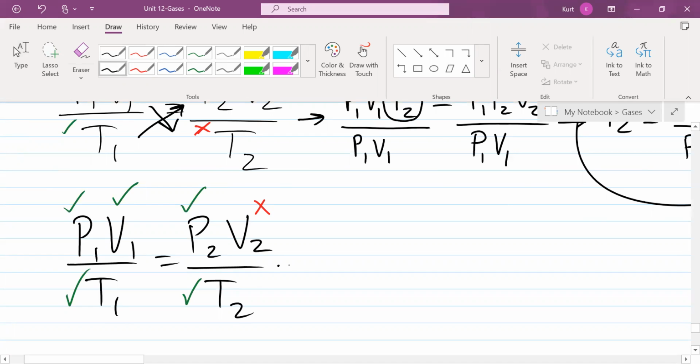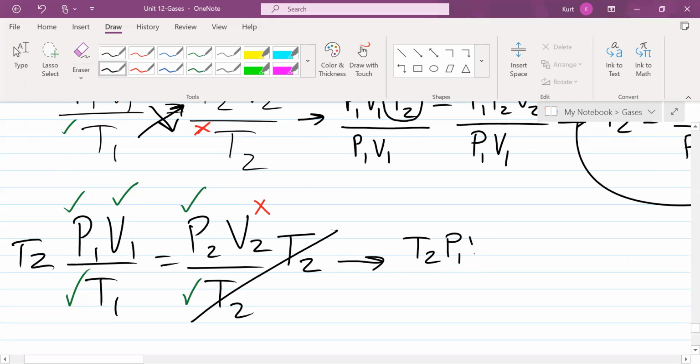What do you think? Okay, so she says multiply both sides by T2. So T2 cancels out. So let's see what she has so far. Here's what we have. T2 times P1 times V1 over T1 equals P2 times V2.